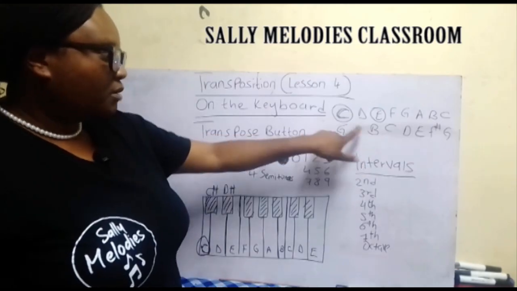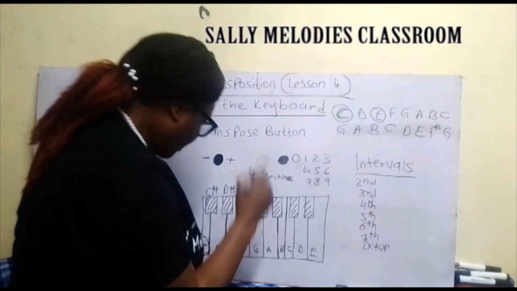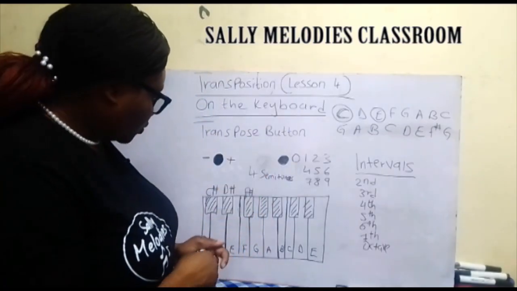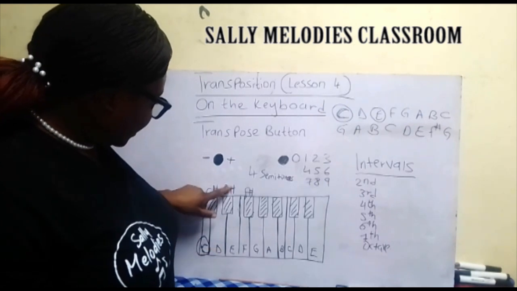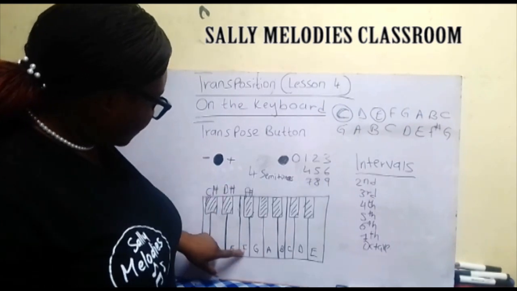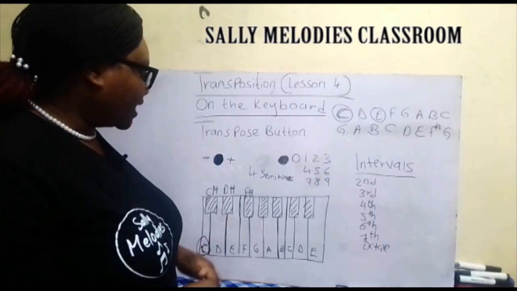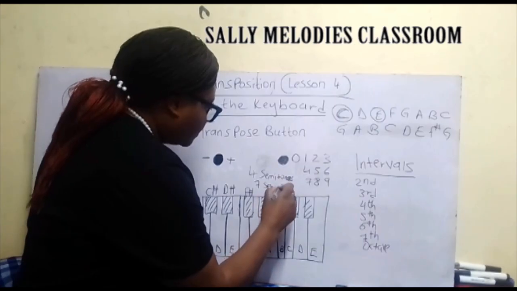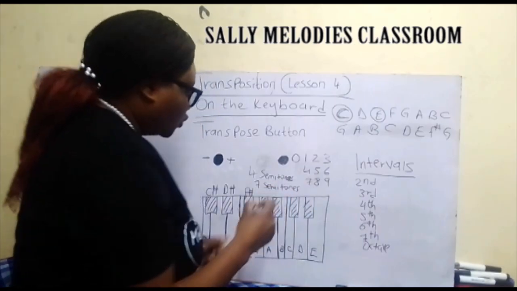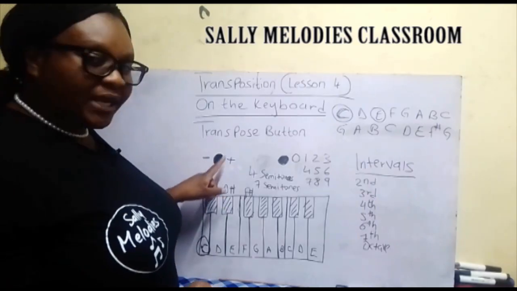So you come here and count the number of semitones: 1, 2, 3, 4, 5, 6, 7. Those are 7 semitones. So you come to your transpose button and press the plus button 7 times.